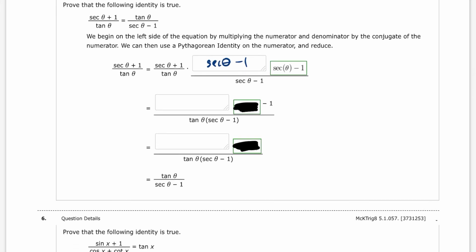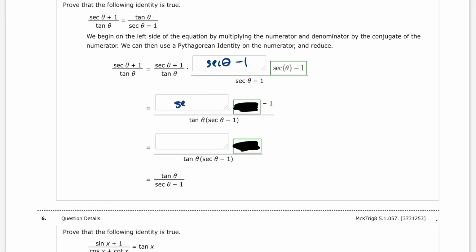All right, and now let's see what is happening. It looks like we have secant times secant. They just FOILed this out, and you get secant squared minus 1.